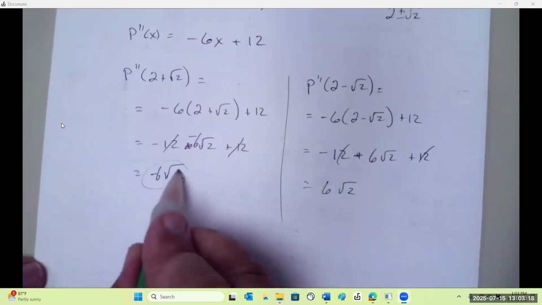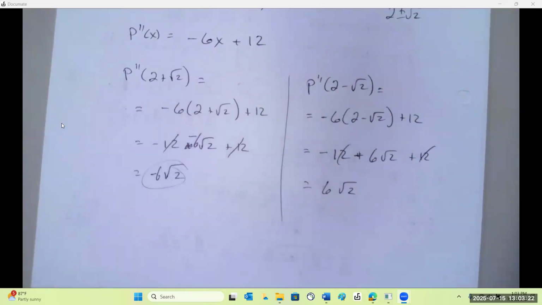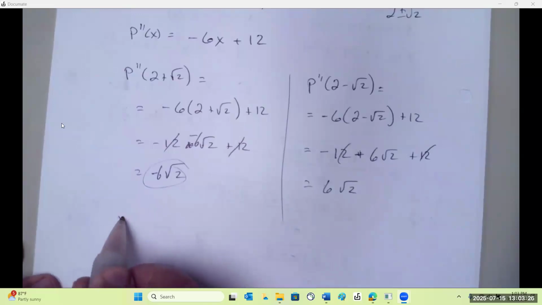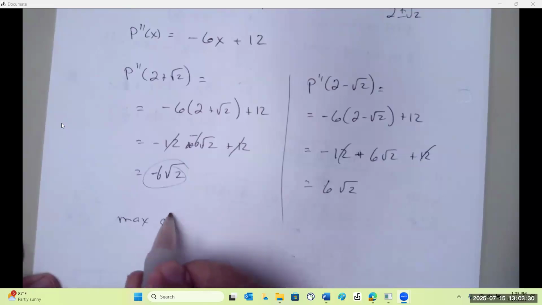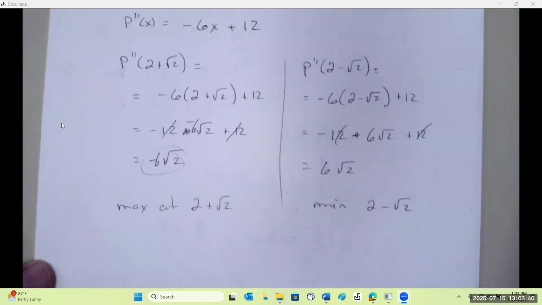So it's negative at 2 plus radical 2. So we get a max at 2 plus radical 2. We get a min at 2 minus radical 2.